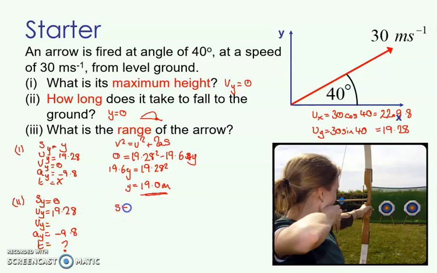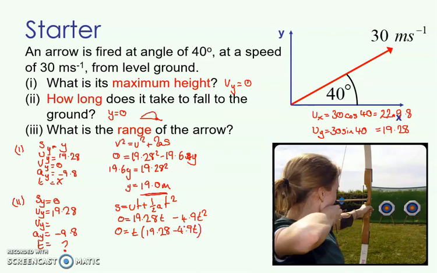So that sounds like S equals ut plus a half at squared to me. So my S is 0 equals 19.28t minus a half of 9.8 is 4.9t squared. And we've seen a few of these where we take out t as a common factor. We write t times 19.28 minus 4.9t.